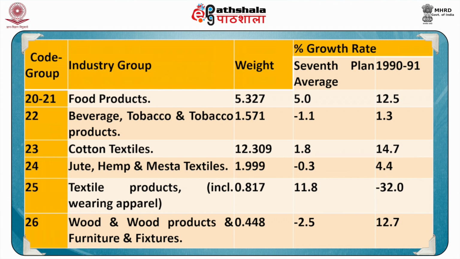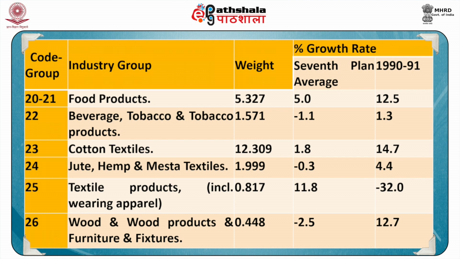Next, textile products including wearing apparel of weight 0.817 had a growth rate in the 7th 5-year plan of 11.8%, and in 1990-91 the growth rate was minus 32%.